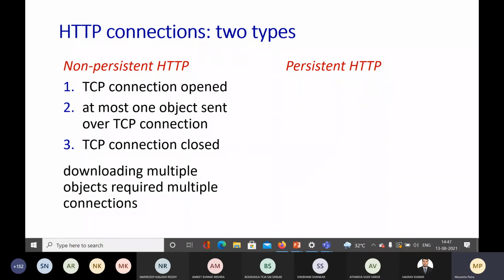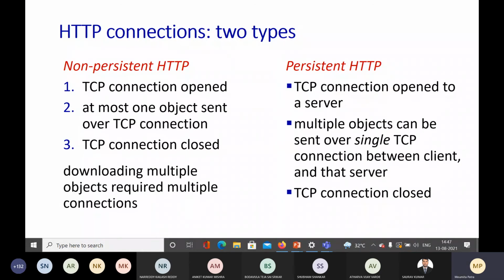So this is one category of HTTP, and another is persistent HTTP. What happens in persistent? Just the opposite of non-persistent. If a connection is open, it will remain open while multiple objects are transferred. Once all the objects are transferred, the connection will be closed.